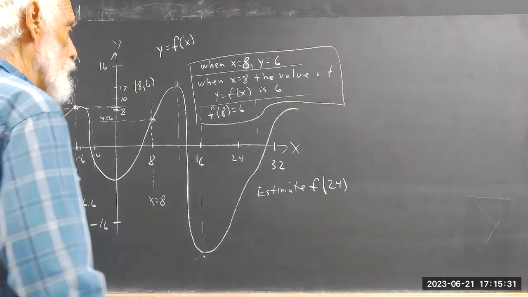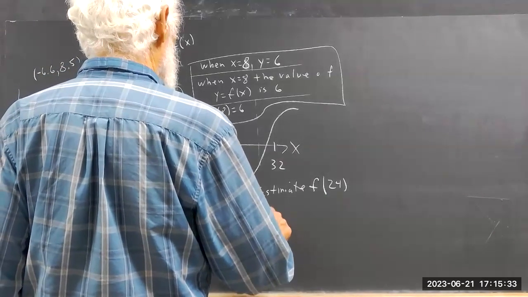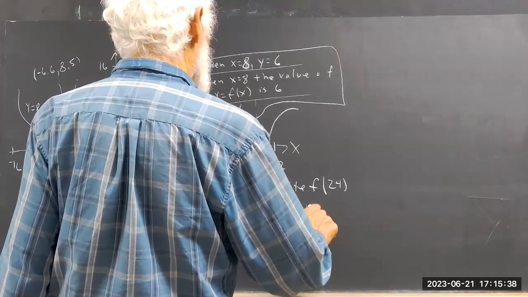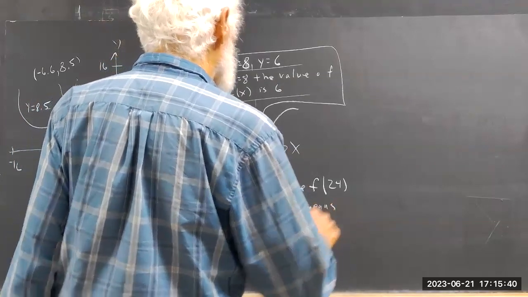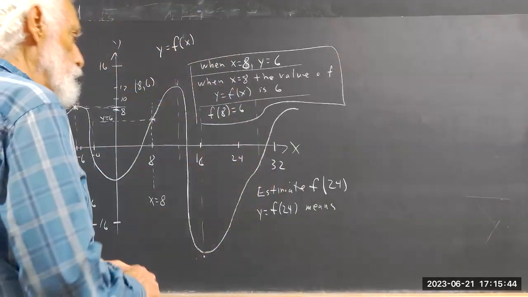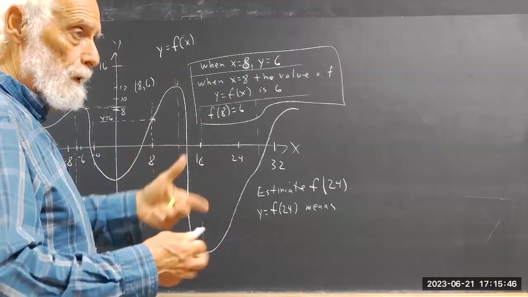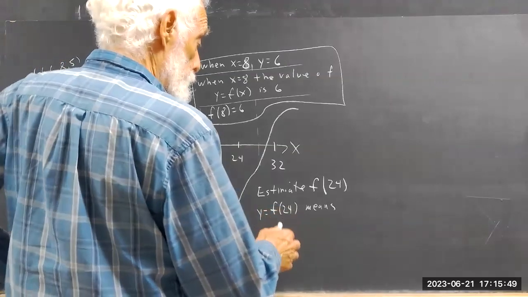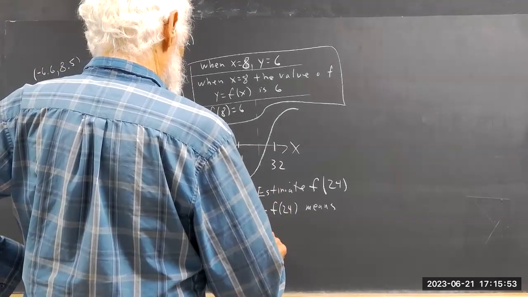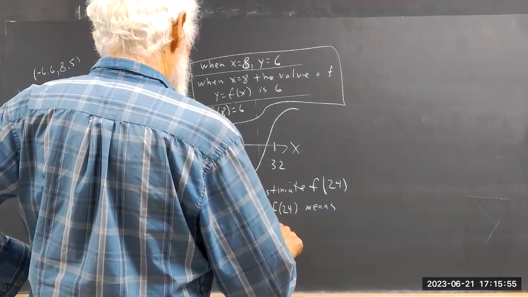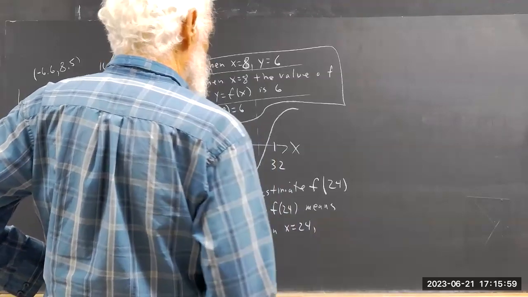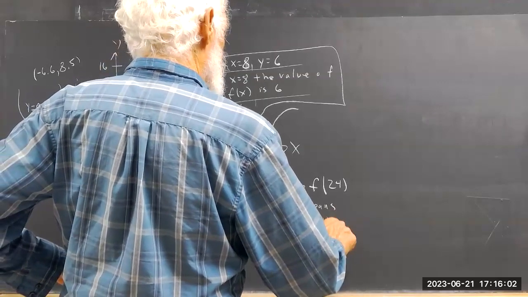You're going to say, okay, y equals f of 24 means what? If you estimated it, that's great. If not, we'll do a little more explanation to help you along. y equals f of 24 means x equals 24.